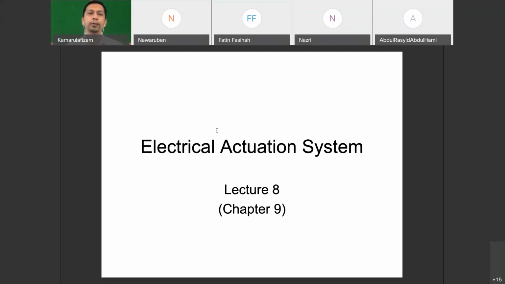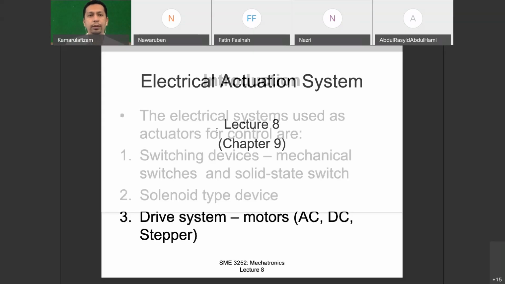Selain daripada electronics, macam Arduino actuates mechanical elements yang ada motion, Arduino juga actuates electrical punya actuator. Previously pneumatic, hydraulic kita tengok mechanical actuator, but there are also electrical punya type of actuator.